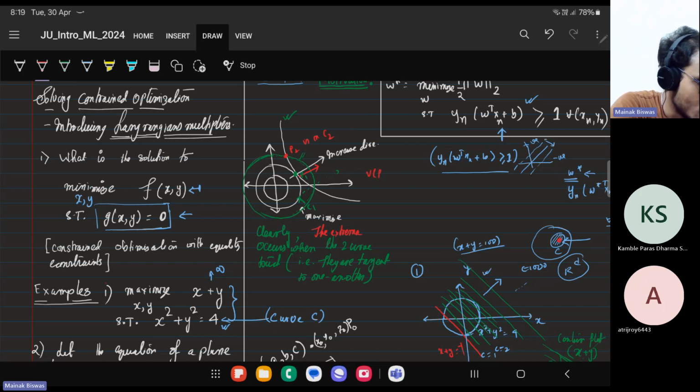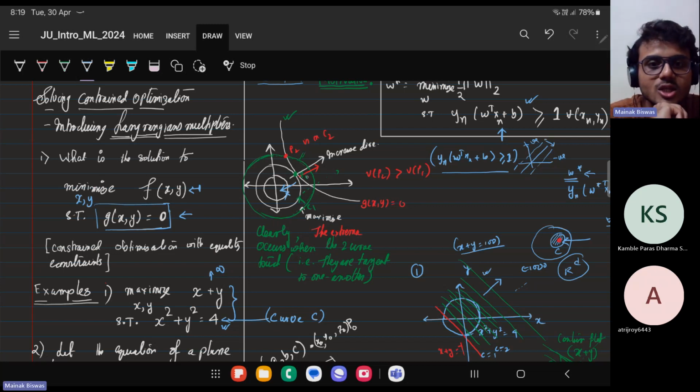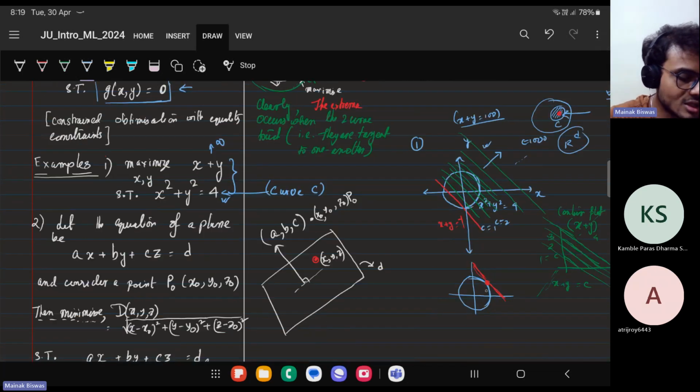And before P1, there is no point that lies on that curve, G of x, y equal to 0. On this side, there is no point. Only on the right are there points, and the minimum value is reached when these two touch each other. Similarly, here the maximum value is reached when these two curves touch each other.